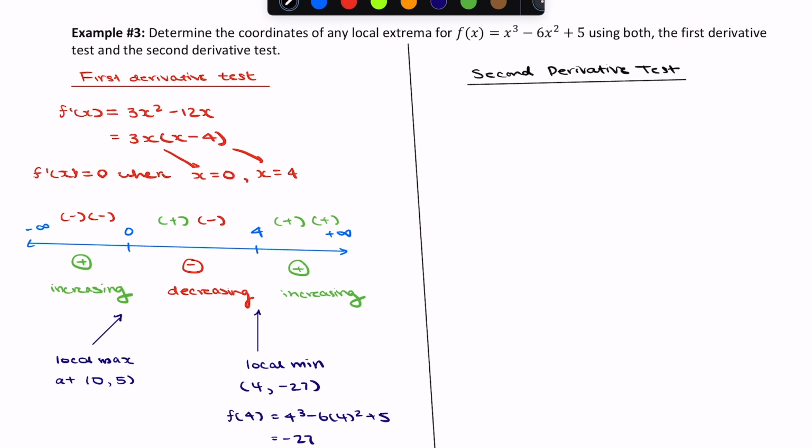So here, find f double prime of x is equal to 6x minus 12. And here we already know that our critical numbers are at 0 and 4.